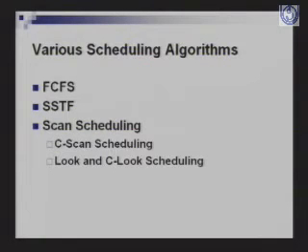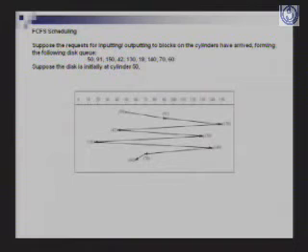Let us look into FCFS by taking one example. FCFS is the simplest scheduling policy, wherein the disk queue of cylinder requests has arrived and is given as 50, then 91, 150, and this is the sequence already in the queue. In the first come first serve policy, the operating system gives access with respect to the arrival order of the disk queue.